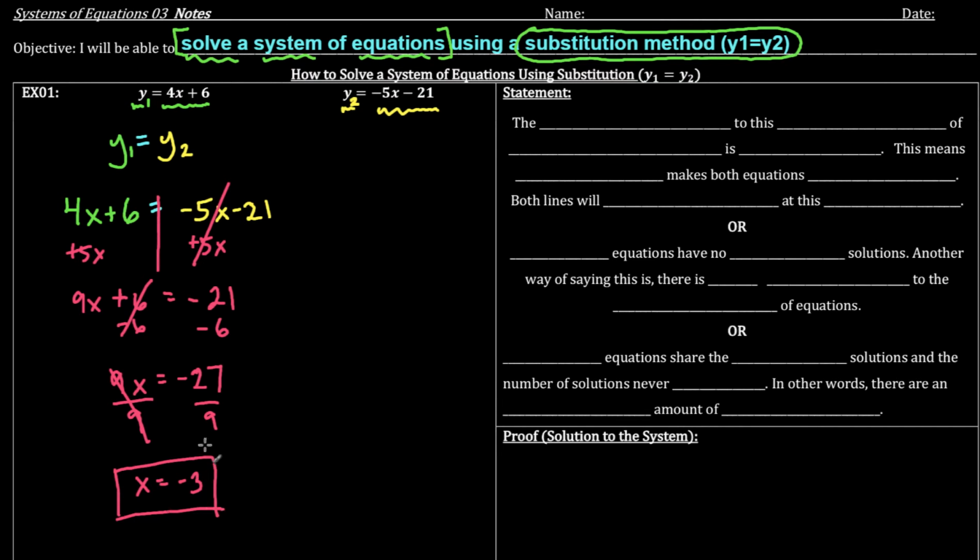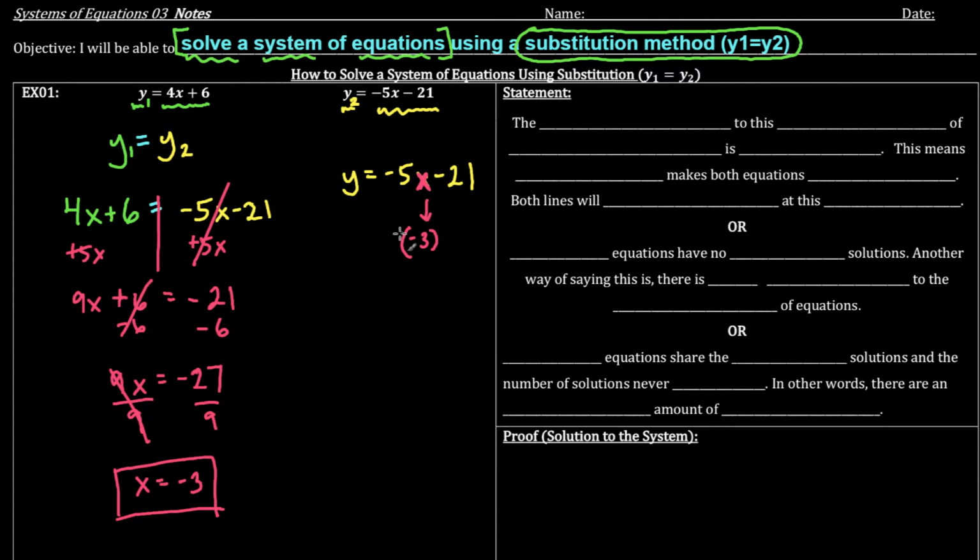Now, remember, for this x, it takes the same y to make this equation true and this equation true. So it doesn't matter which equation you use. I will use y equals negative 5x minus 21. Don't forget that we're using this x right here, which is negative 3.